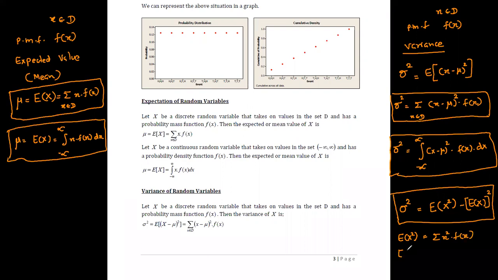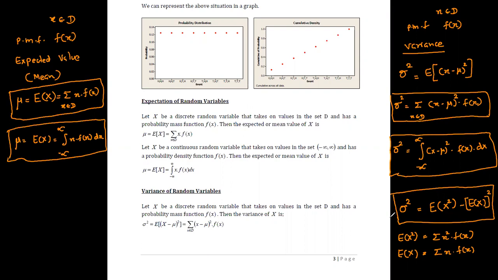And we already know that E(x) is given as the summation of x times f(x), which we have already identified as mu. Therefore, using this concept, we can easily obtain the value for sigma squared.